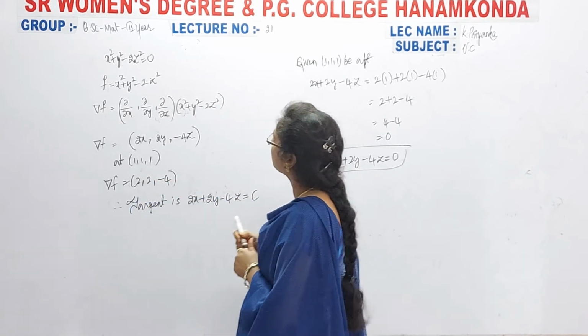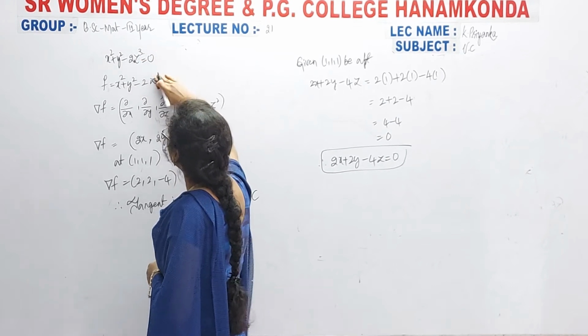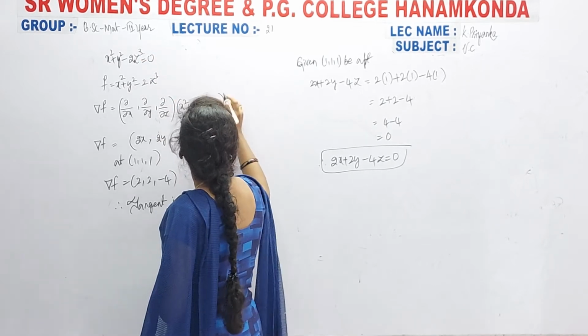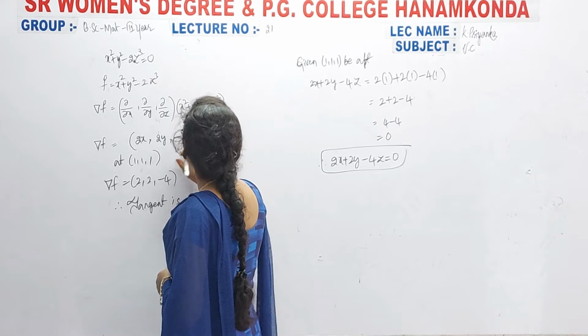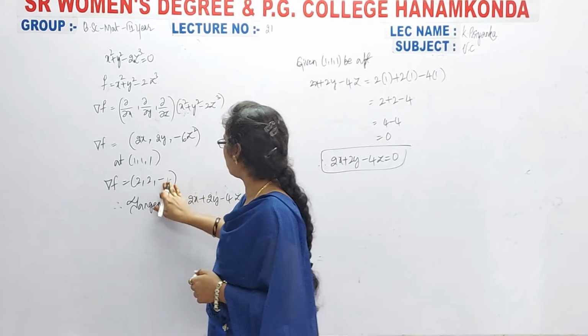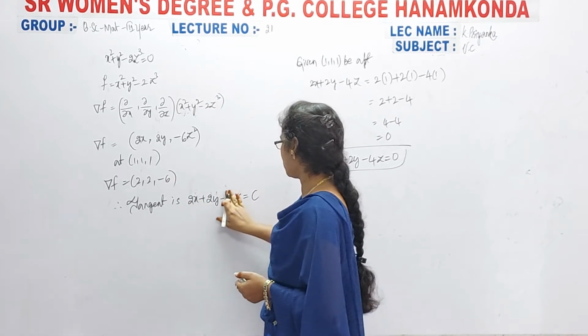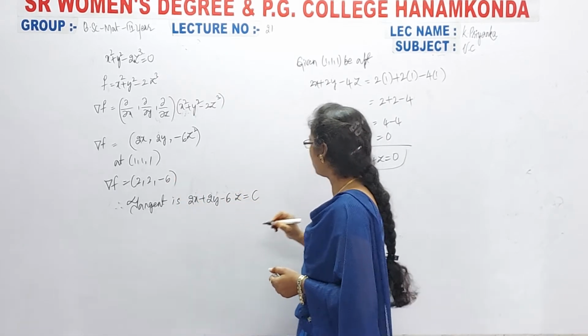Actually here it is z cube, in the question they gave z cube, not z square. Then the derivative is 6z square, and now it is minus 6z.